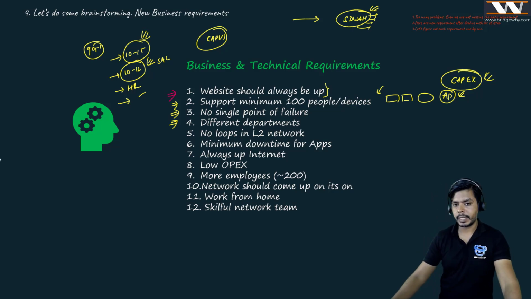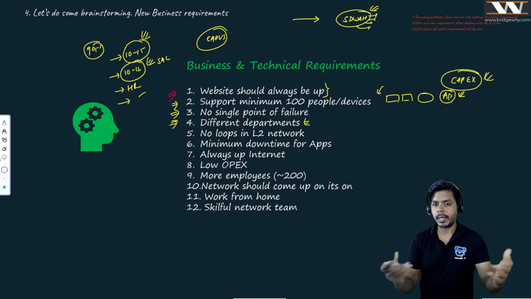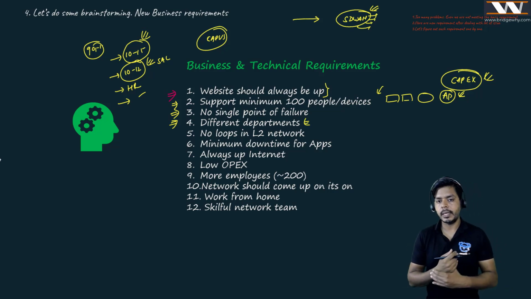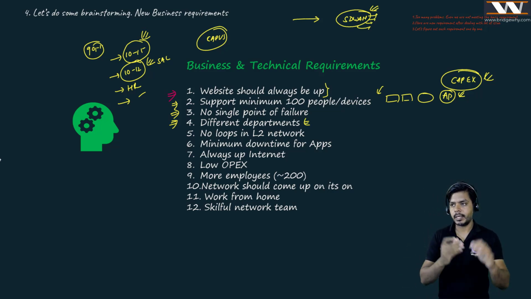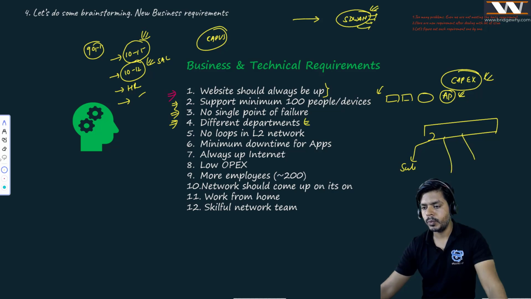Customer is going to talk in this terminology. He will be saying different departments, right? You need to understand, if he's talking about it, then he must be interested in dividing his employees. But why, right? Because this network engineer is saying that if you have one switch, and you connect one guy from sales and maybe two engineers on the same switch, and an engineer sends a message to another engineer, the first thing it is going to do is ARP.